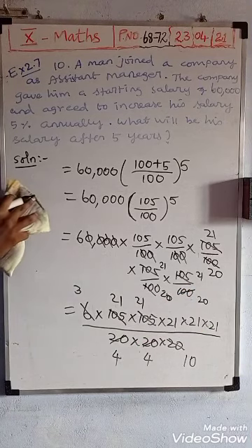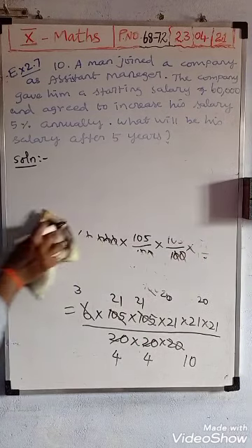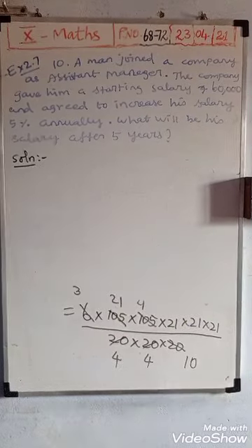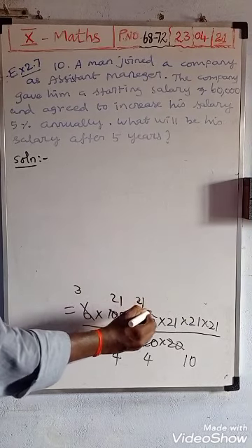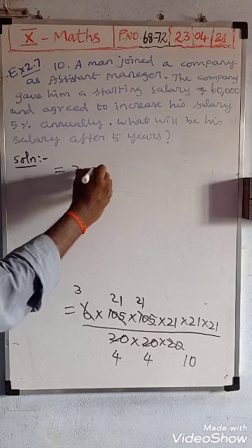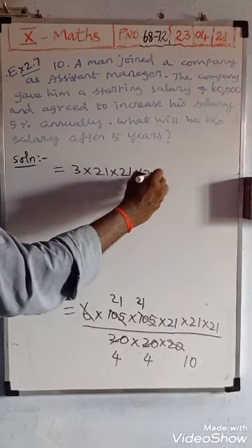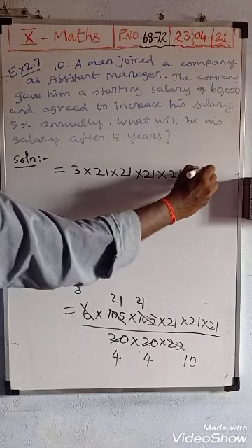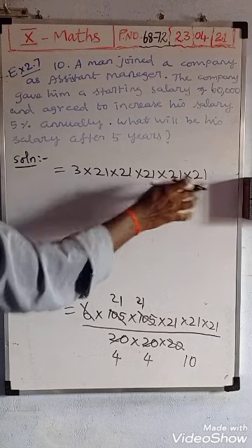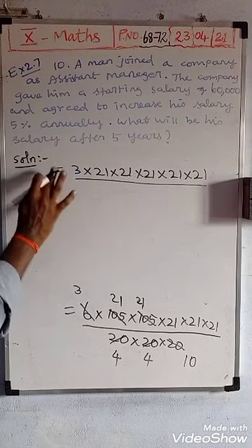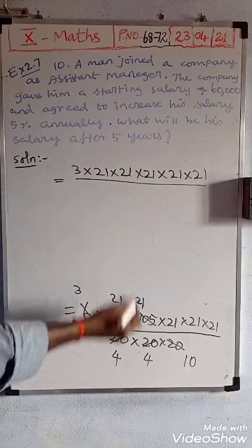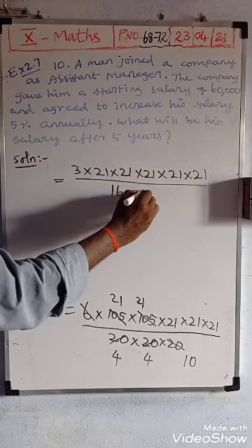So you have cancelled, therefore what is the answer now? You see here, 3 into 21 into 21 into 21, 21 how many times? 5 times, 1 2 3 4 5 times, whole divided by 4 4s are 16, 16 into 10, 160.